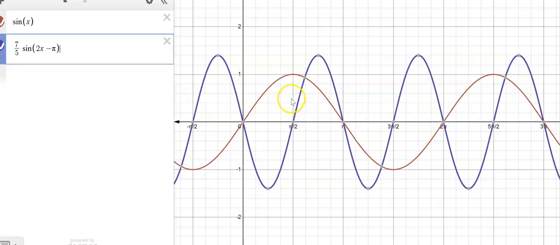So I can fit 2 of them into one phase. But I'm shifting it over. So instead of starting at 0, I'm starting here at pi over 2. So I'm going to shift. I'm going to do 1 period and then 2 periods where it would have been 1 period originally. And it shifted right pi over 2 radians, or 90 degrees.